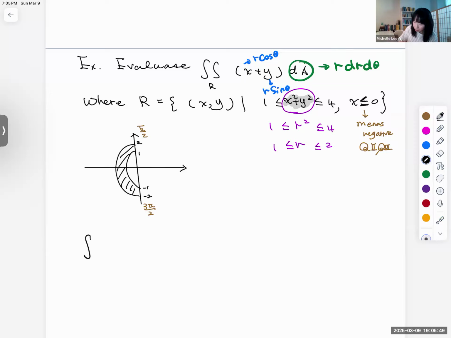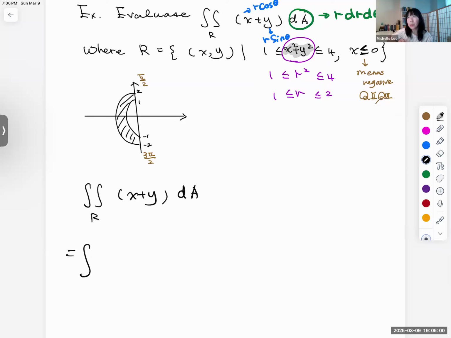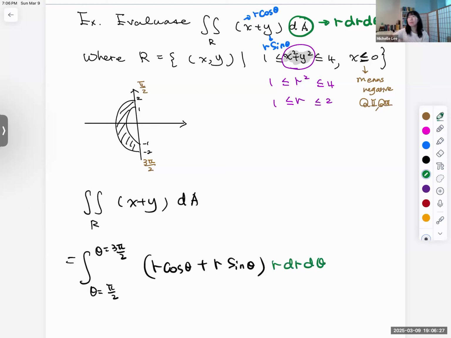So let me rewrite the region, integral of x plus y dA. What do you want to do first? R first? That's fine. So theta equal to from pi over 2 to 3 pi over 2. Okay, then x equal to r cosine theta plus y equal to r sine theta. dA will be r dr d theta.